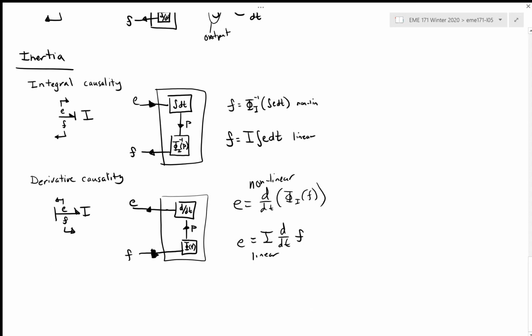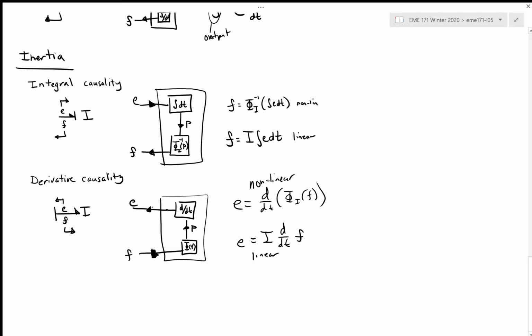So I apply this constitutive law, I get the variable P, and then the relationship from P to get us to E is that I take the time derivative of P. dP/dt equals E. You can remember that as the time derivative of the momentum has to equal the sum of the forces, right? We have that effort and momentum relationship.